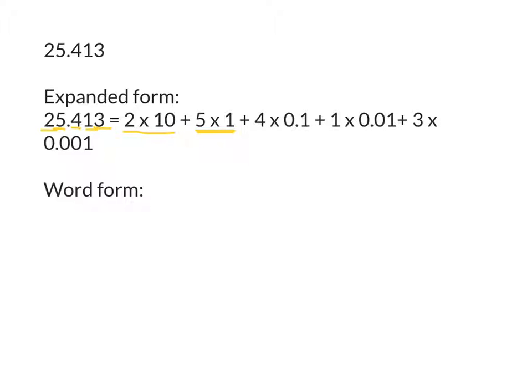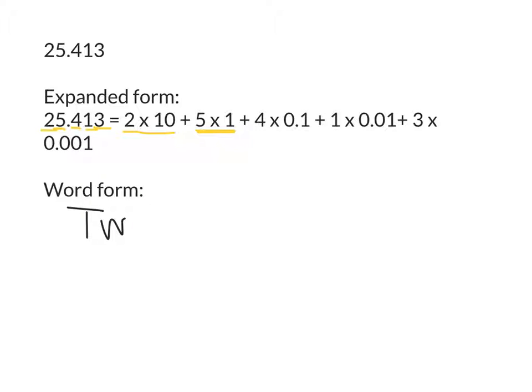Now we'll take a look at word form. And word form is sort of just like writing out how you would read this number. And so with the number 25 and 413 thousandths, that would be written in word form just as I said it.